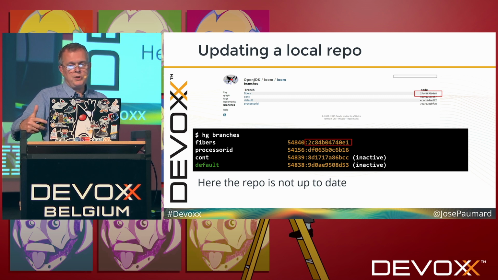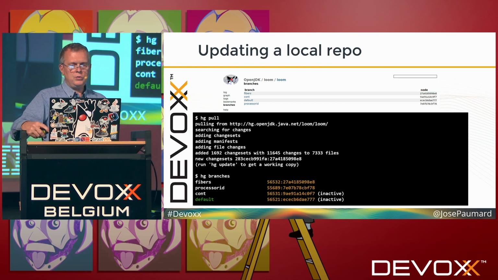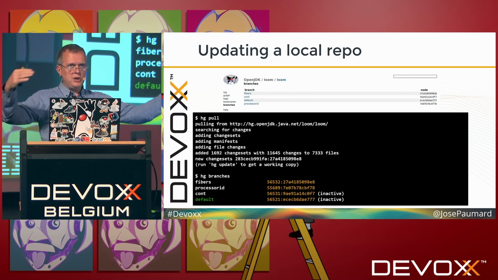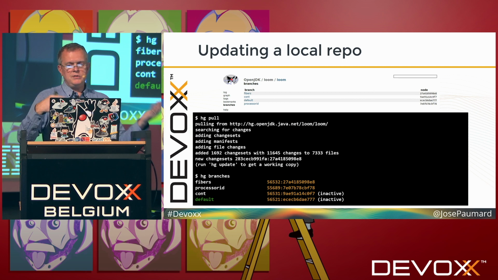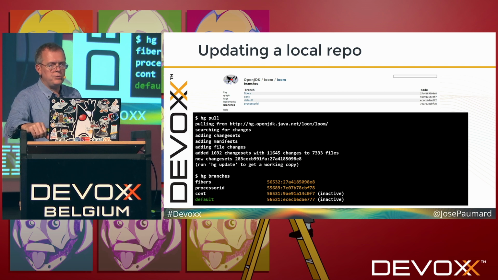So you need to update your branches, which you can do using hg pull. It's going to pull the default. Of course, once you've downloaded the 2.5 gigabytes, the diff that you need to download is much smaller, so it should be much faster to get everything. This is going to synchronize your local repository with the remote Mercurial repository.